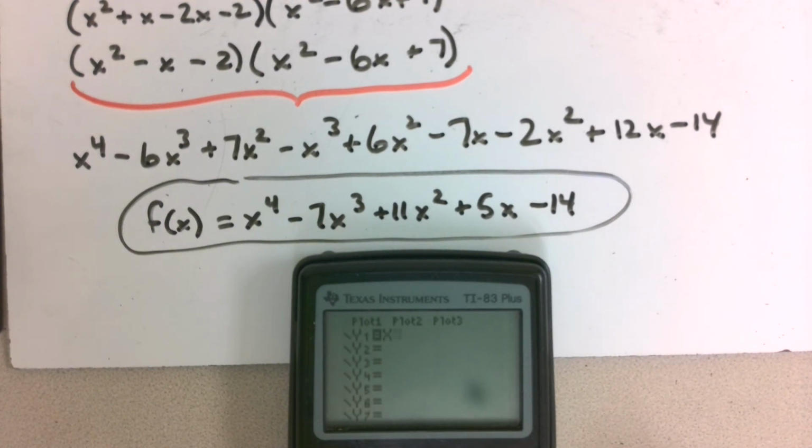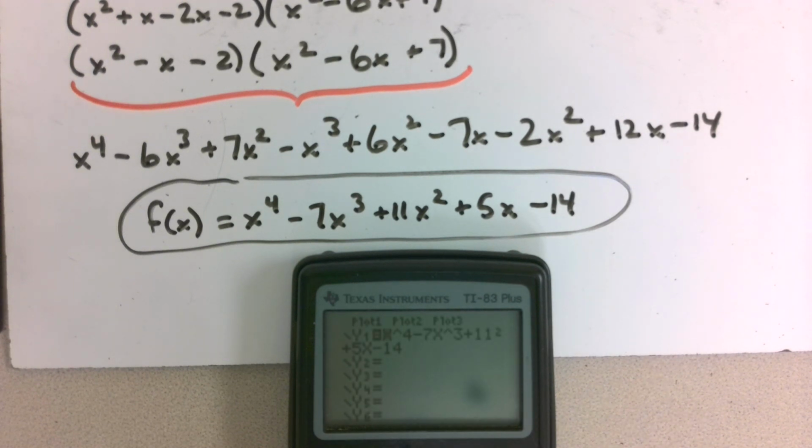So we have x to the 4th minus 7x cubed plus 11x squared plus 5x minus 14. And if I hit the graph button, it looks like I typed it in wrong.